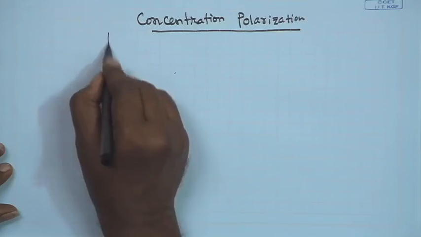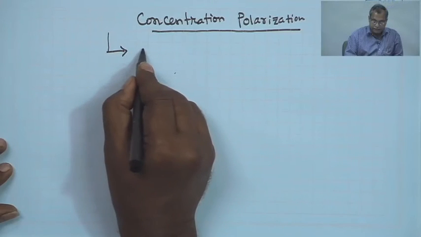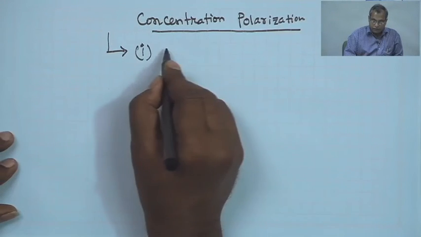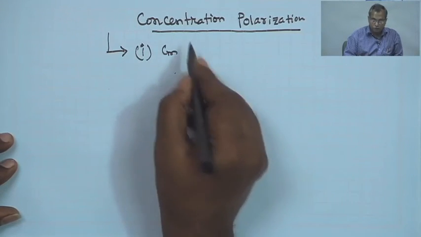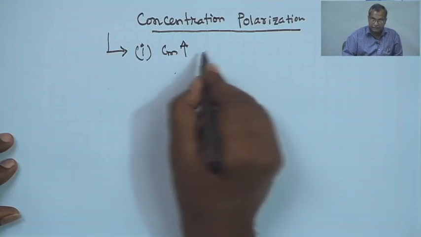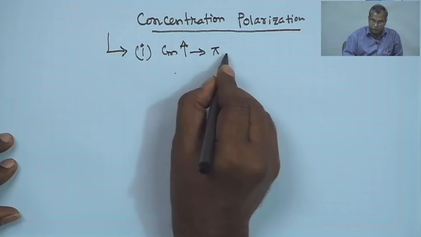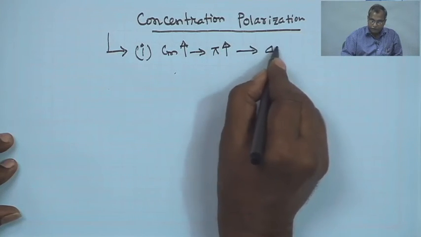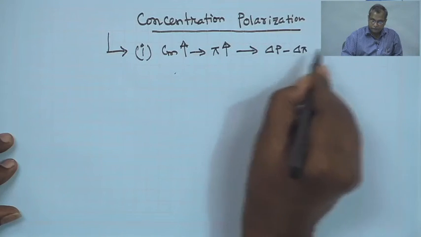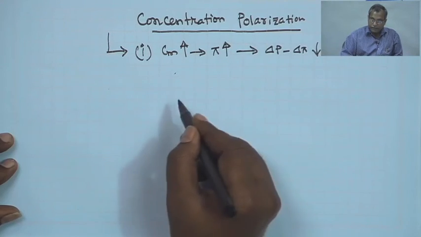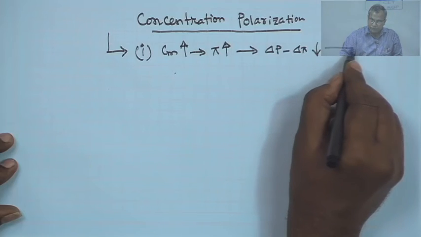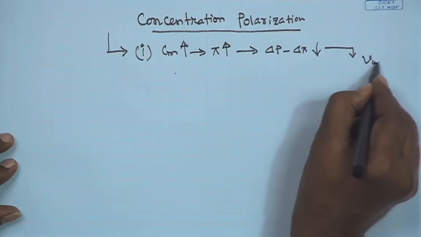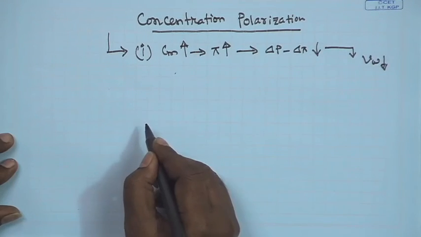Now, let us see what this increase in surface concentration will do. So, Cm, the solute concentration on the membrane surface, increases, and this increases the osmotic pressure of the solution. If the osmotic pressure of the solution increases, then the effective driving force will decrease. If the effective driving force decreases, the permeate flux will decrease, and the throughput of the process will decrease.